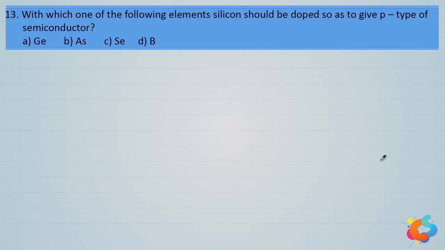The next question is, with which one of the following elements should silicon be doped so as to give a p-type semiconductor? The given options are A. Germanium, B. Arsenic, C. Selenium, D. Boron.